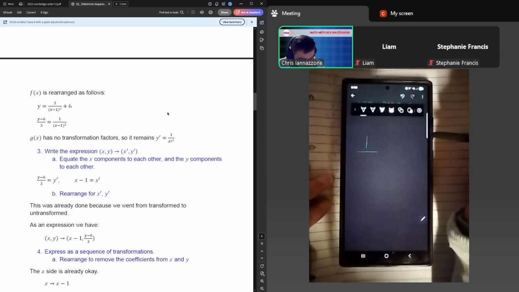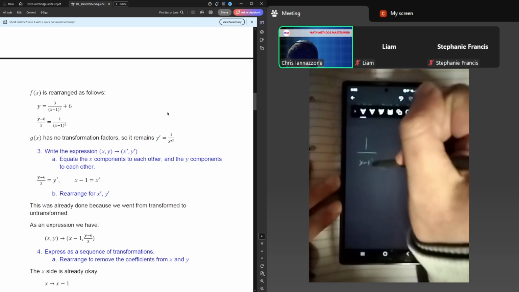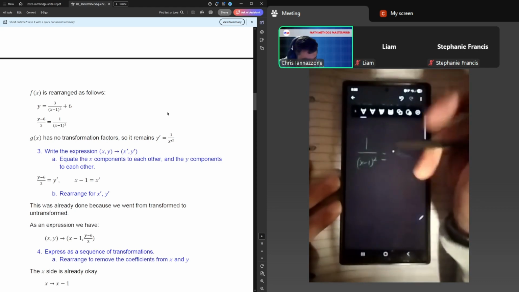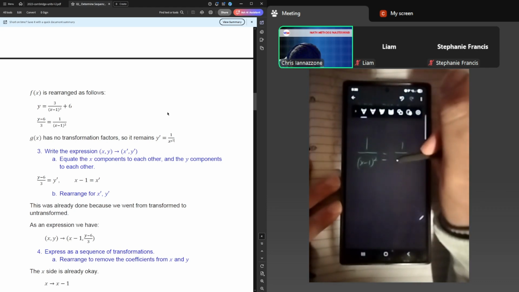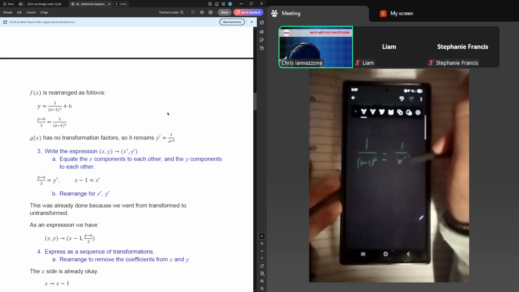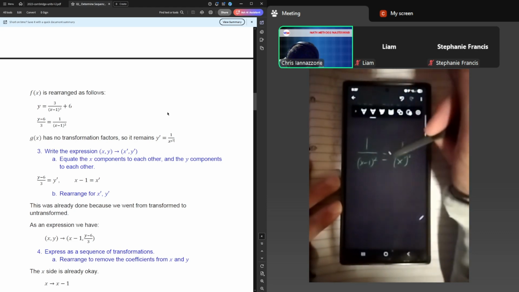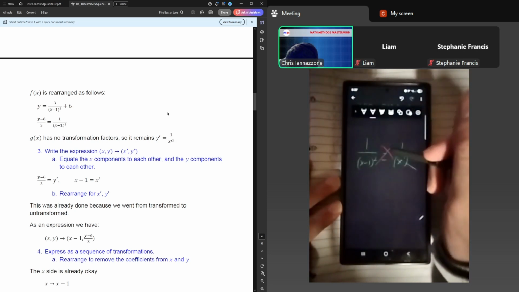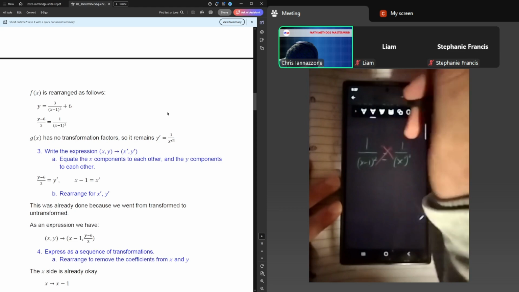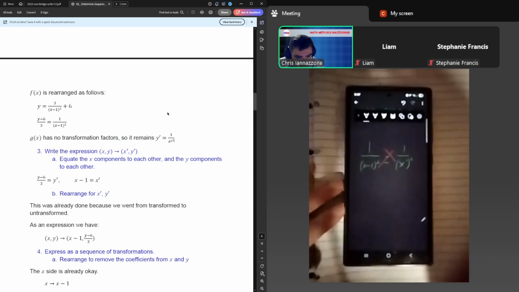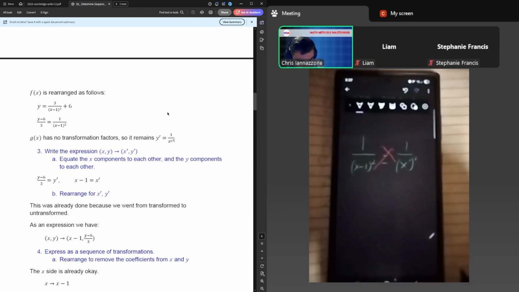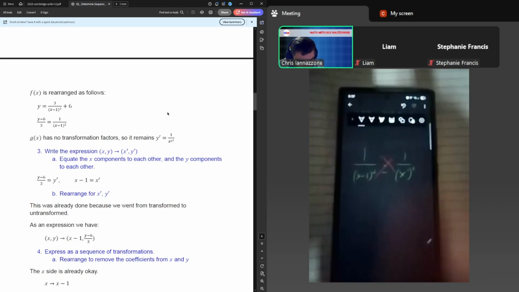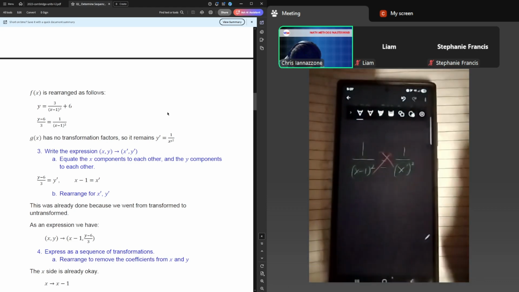So if we have 1 over x dash squared equal to 1 over (x minus 1) all squared, if you just take the two right-hand sides together, you can multiply both sides by x dash squared, and you can multiply both sides by (x minus 1) all squared. That's a bit blurry. Is it going to...? There we go.